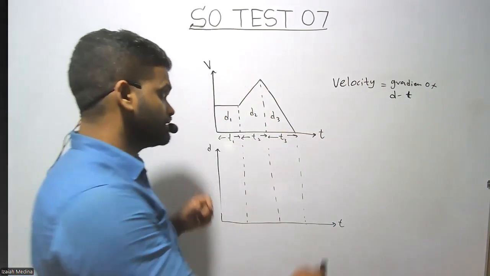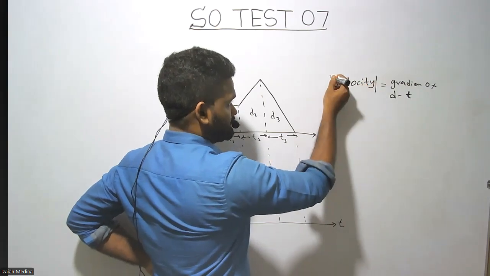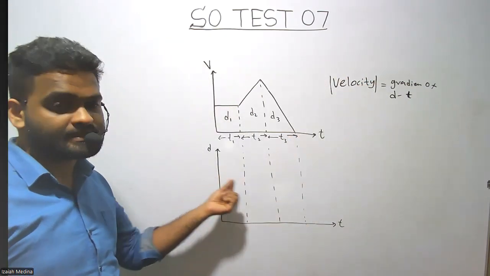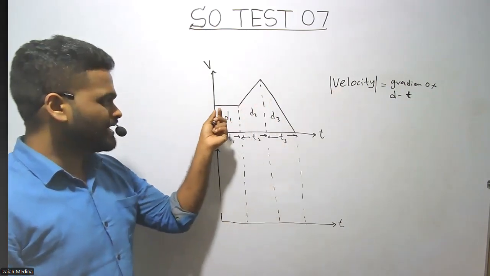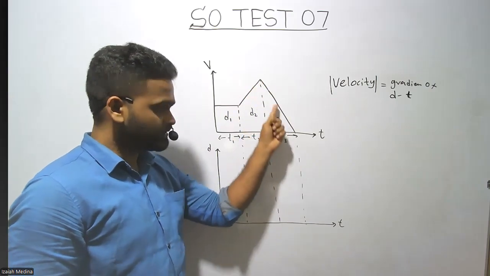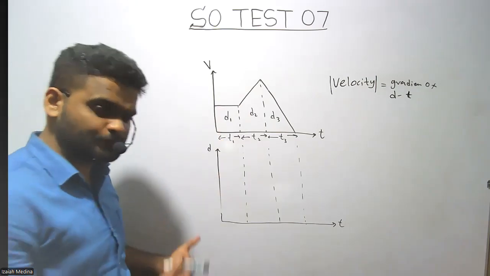So here velocity, actually it is the magnitude of velocity, because you have to get a distance time graph. You only have to consider the magnitude of velocity, because velocity here is always positive, right? We only have positive velocity, so you can consider this to be just speed.